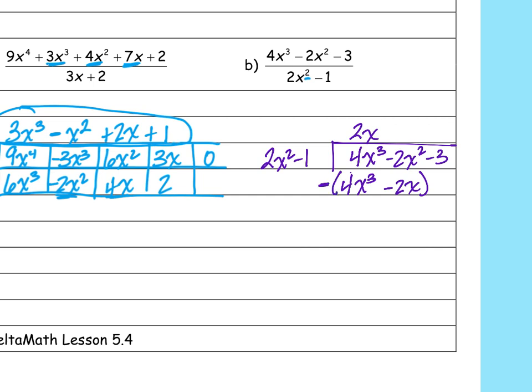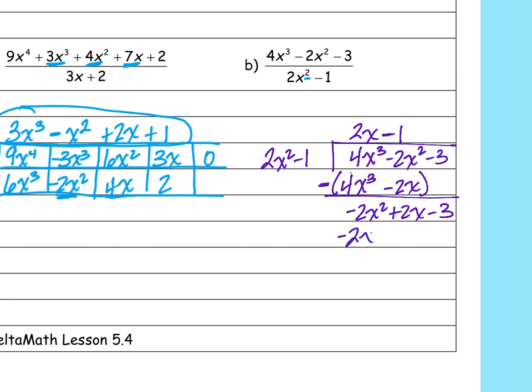So now I'm going to subtract them. I've got negative 2x squared plus 2x minus 3. I can't add my non-like terms together, so I'm going to write them all down. What do I multiply 2x squared by to get negative 2x squared? That would be negative 1.